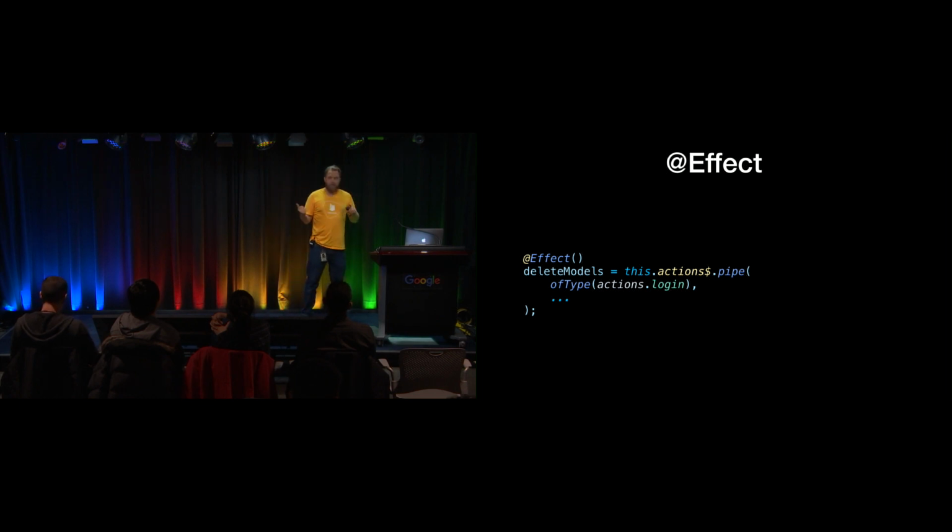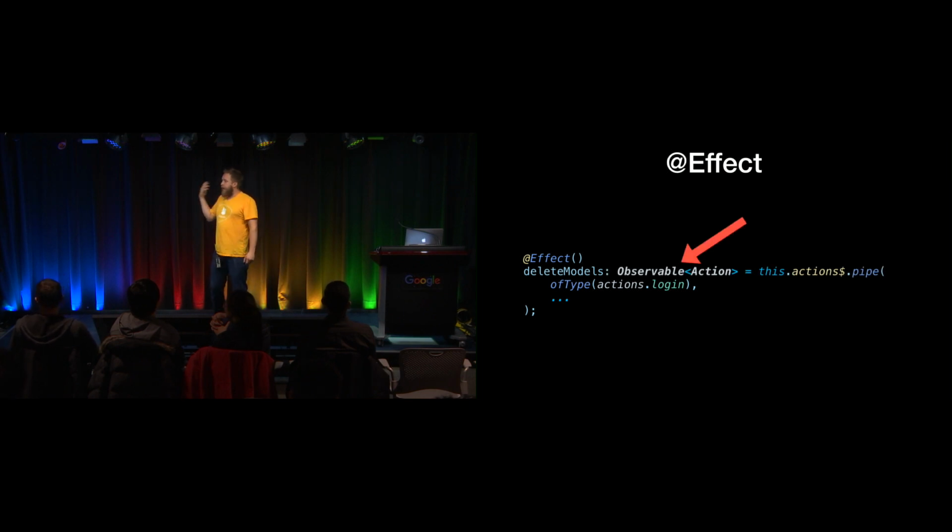But if you're not specifying it, how do you know? One of the things I'll keep telling every time, again and again, is that you need to specify the type of this property to be Observable of Action. If you don't specify, the compiler doesn't help you. And what do you get? You get an error at runtime. So let's catch it sooner.